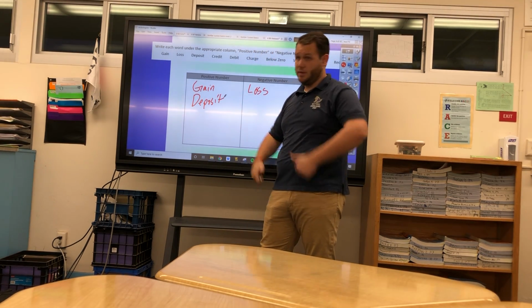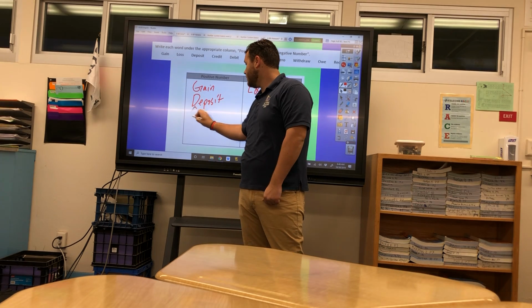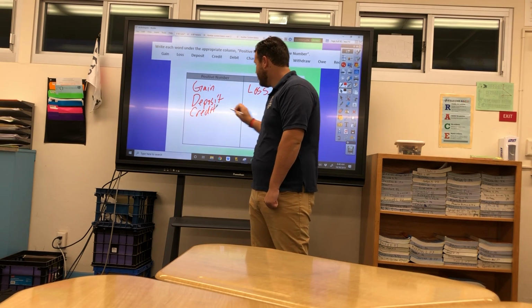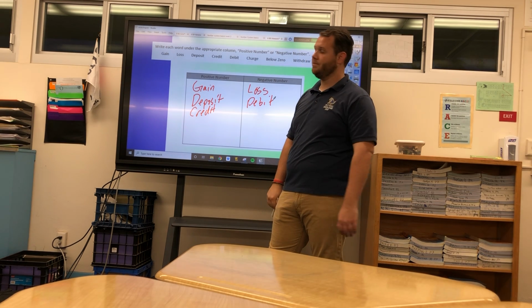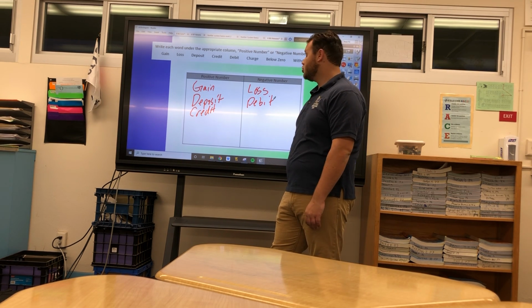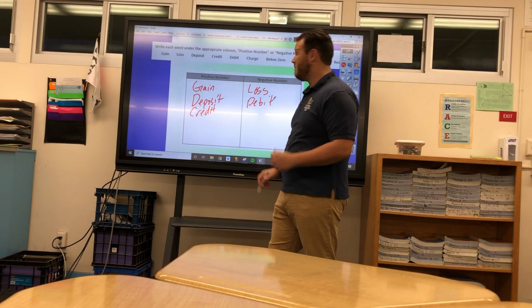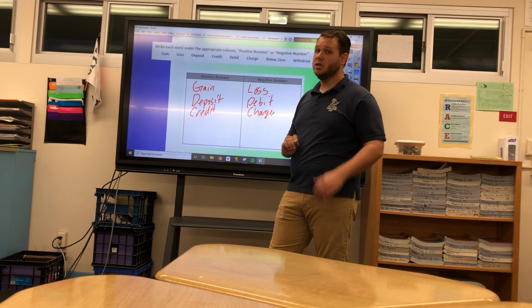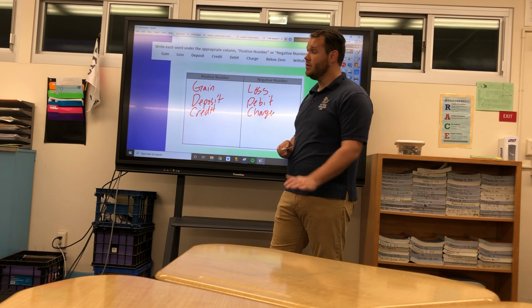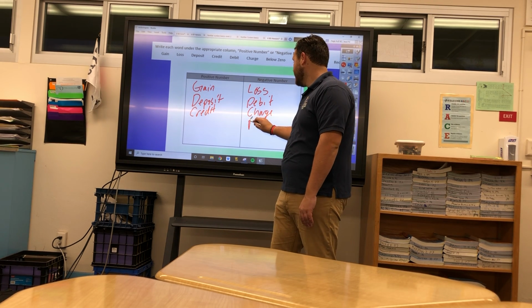A credit means, again, we're getting positive. Whereas a debit means we're taking away, it's going to be a negative word. Charge, usually that's money you have to pay, so it's usually going to be a negative word. Below 0, I think we know intuitively that means a negative number.